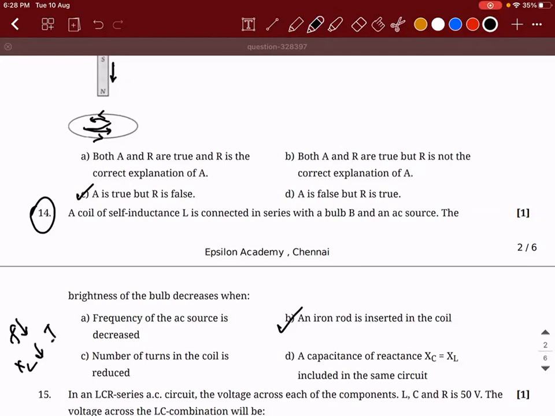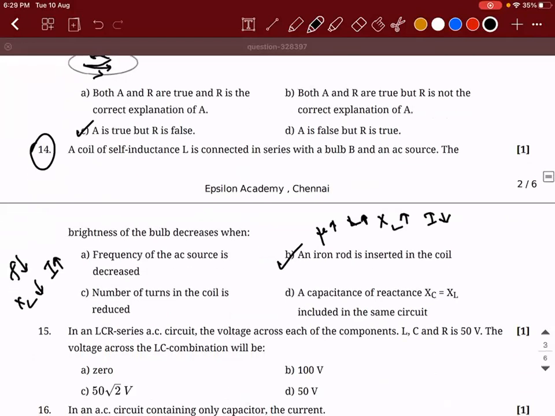When XL is decreasing, I will increase. So when I is increasing, the bulb will glow brighter. Whereas when an iron rod is inserted, mu will increase. When mu is increasing, L will increase. When L is increasing, XL will increase and I will decrease. Hence, this is the right option.